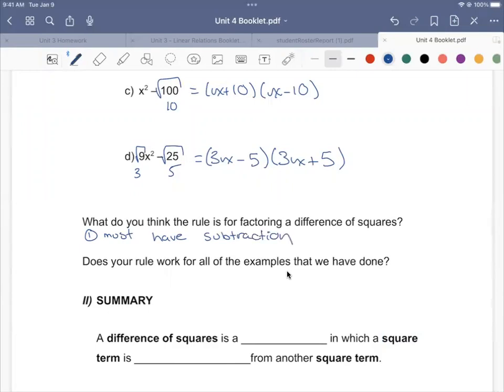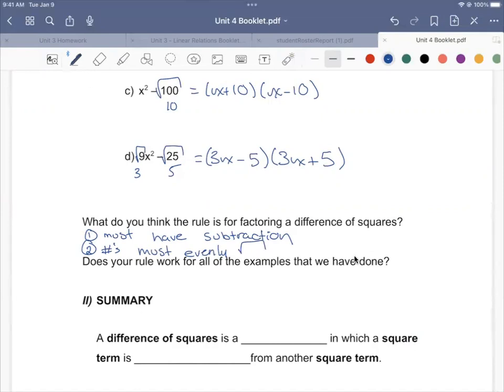That means that we must have a form of x squared minus a coefficient. And second, the numbers must evenly square root.